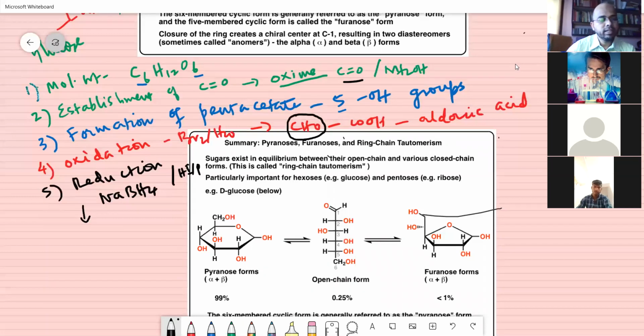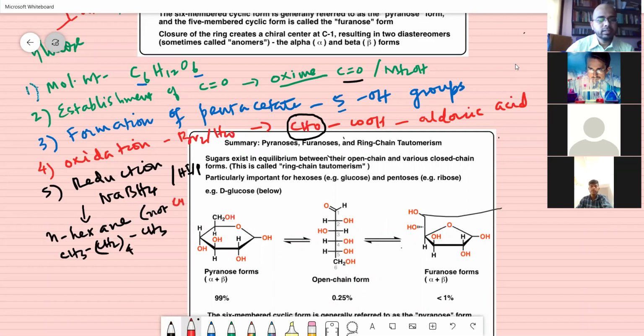From this we get n-hexane, that is normal hexane: CH3, CH2 four times, and then CH3. Note that this is not cyclic. Cyclohexane would come like this, so it is not a cyclic structure.